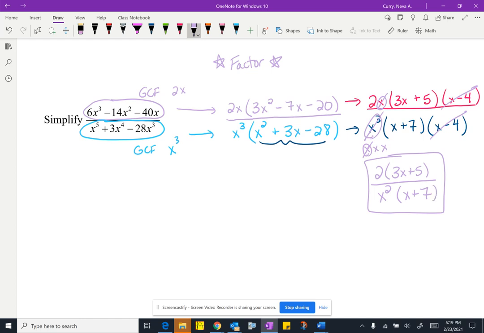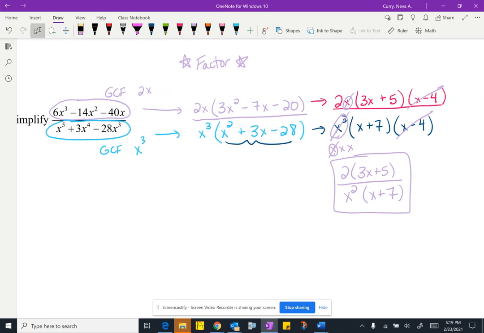Now, if you were asked about restrictions, we should come back and look at what happened before we simplified. Back at this moment, we definitely want to say x could not have equaled 0, because that would make the denominator 0. X could not equal a negative 7.